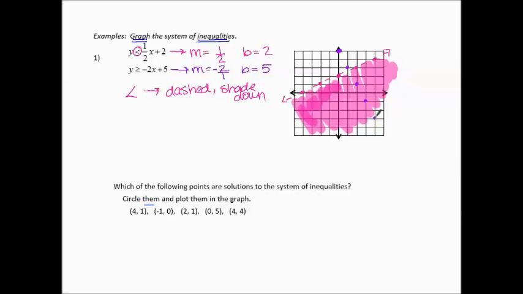And I want to consider my sign. Again, greater than or equal to is going to be a solid line, and I'm going to shade up. So I'm going to draw a solid line through these points, and I'm going to shade up.